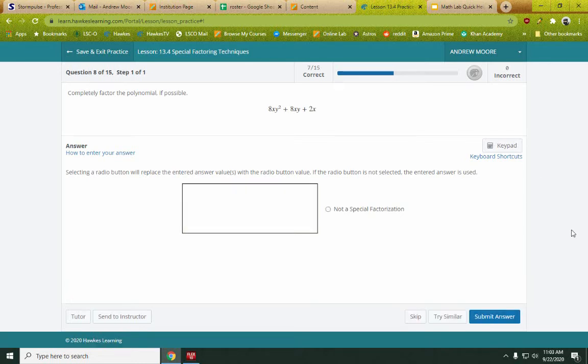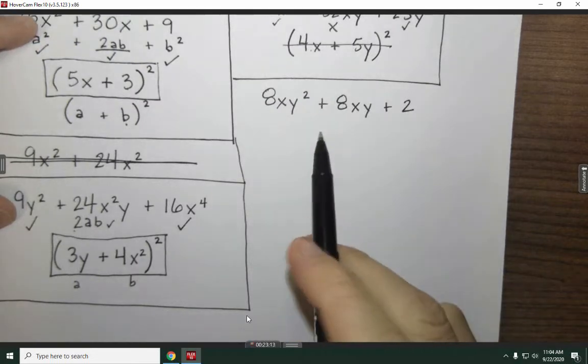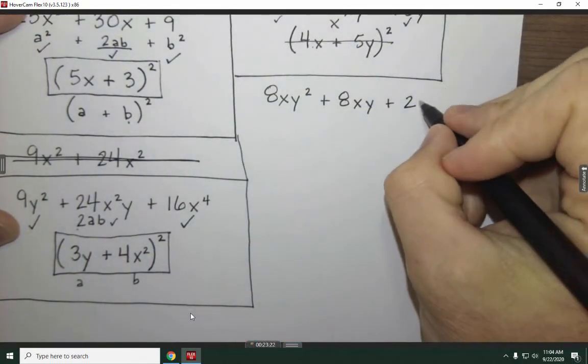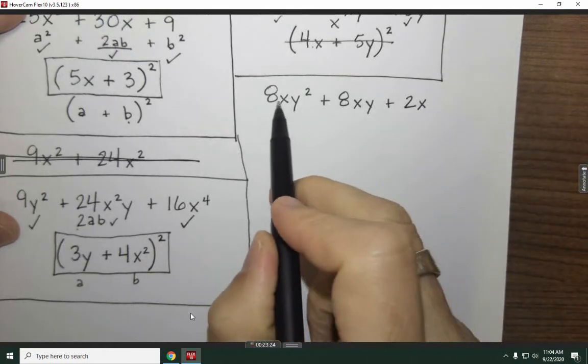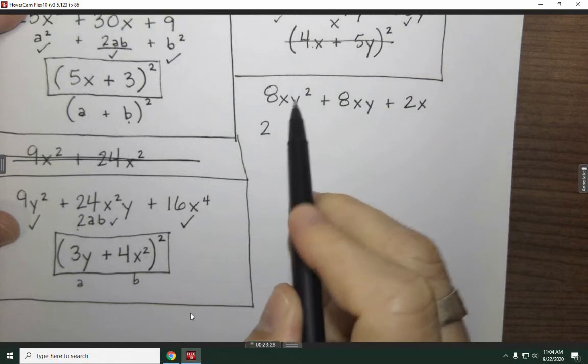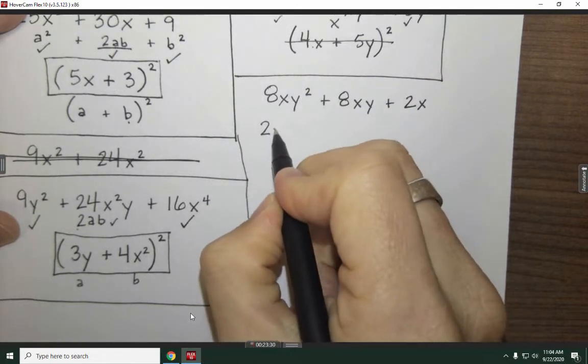Completely factor the polynomial if possible. We have 8xy squared plus 8xy plus 2x. For the very first step, we want to take out a greatest common factor, which is 2x. So we can divide everything by 2, and we can take an x out of everything.